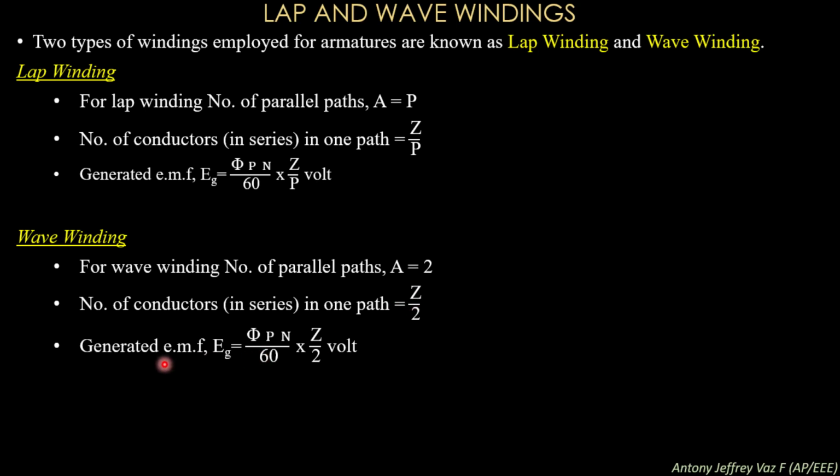At the same time, the generated EMF Eg is equal to φPN divided by 60 into Z by 2, where the 2 term is A, the number of parallel paths present in the generator. For wave winding you should substitute 2. For lap winding you should substitute the number of poles present in the generator.